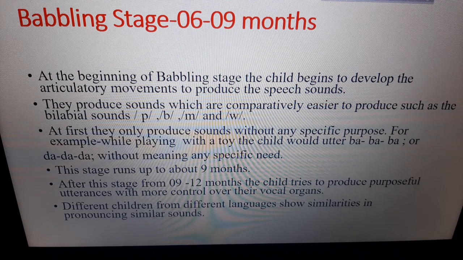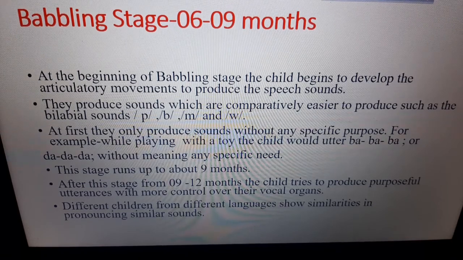At first, they only produce sounds without any specific purpose. For example, while playing with a toy, the child would utter ba ba ba or da da da without meaning any specific need. This stage runs up to about 9 months.